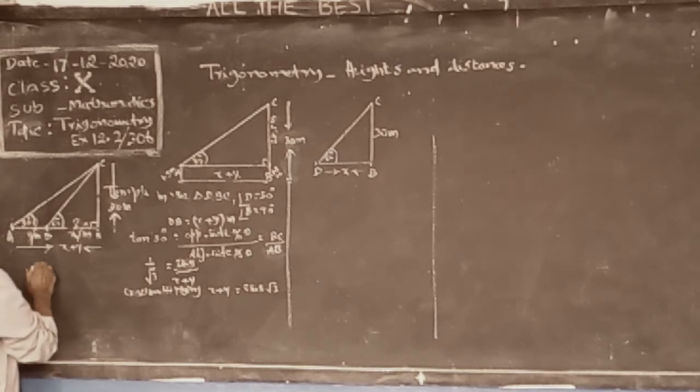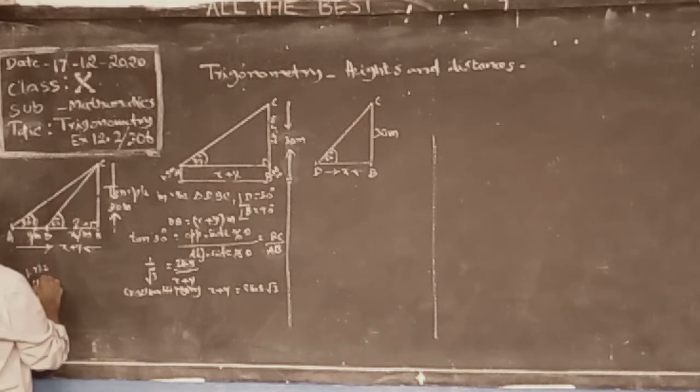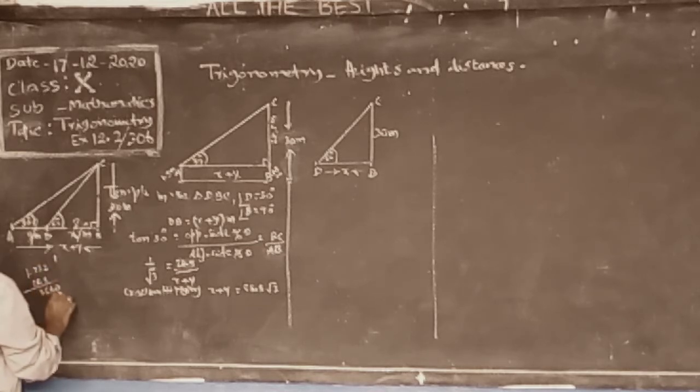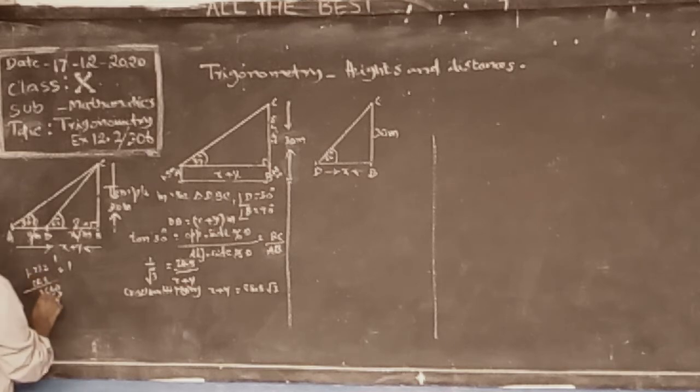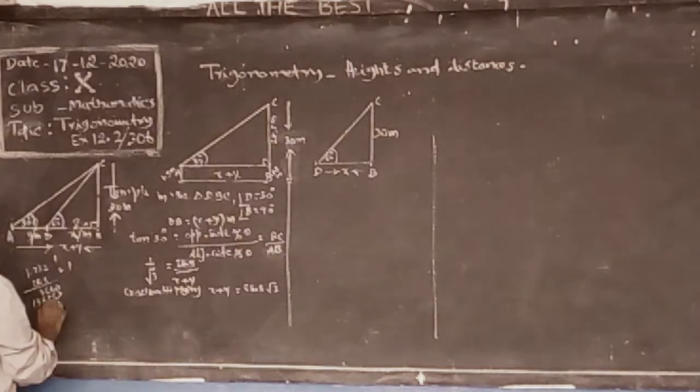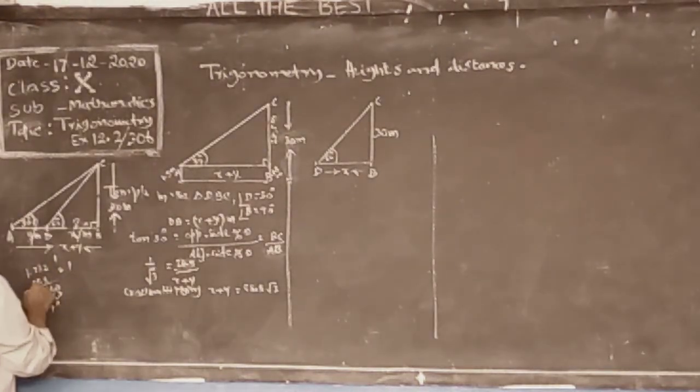Multiply 1.732 into 28.5. 5 2s are 10, 15 1 16, 35 1 36, 86. 8 2s are 16, 24 1 25, 8 5s are 40, 56 2 58, 30. 2 2s are 4, 2 3s are 6, 2 7s are 14.